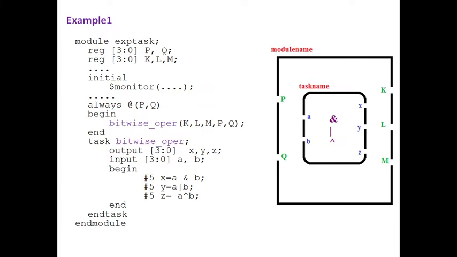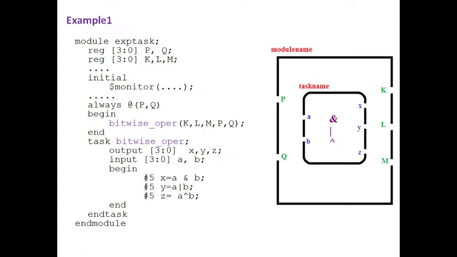The thing is, it is completely my flexibility. Here, the input values passed to the task are A and B.